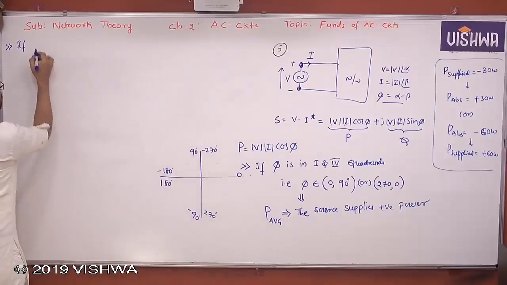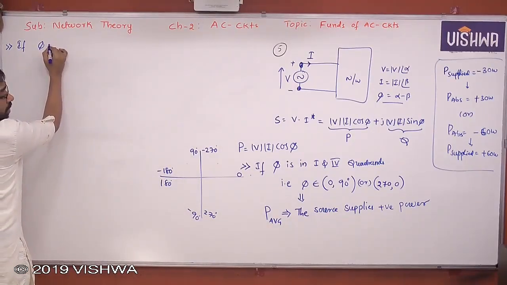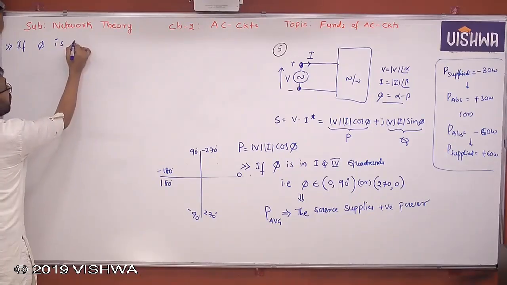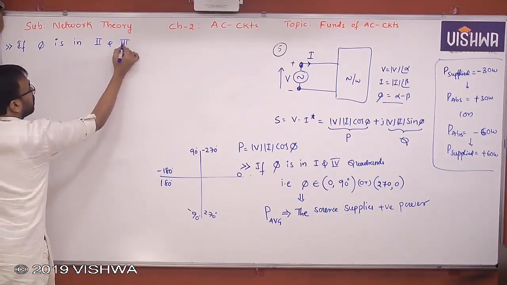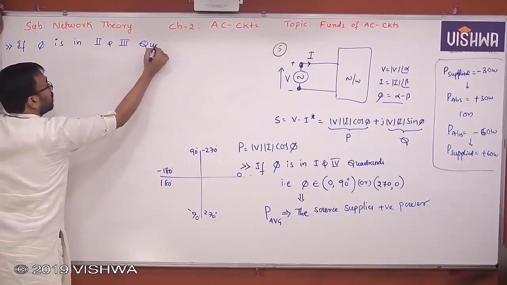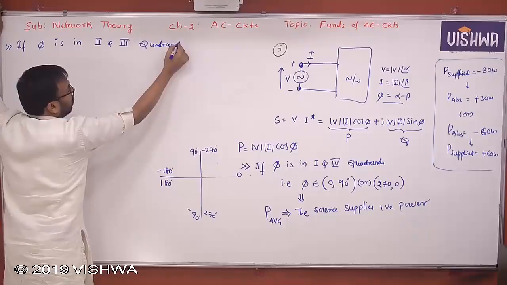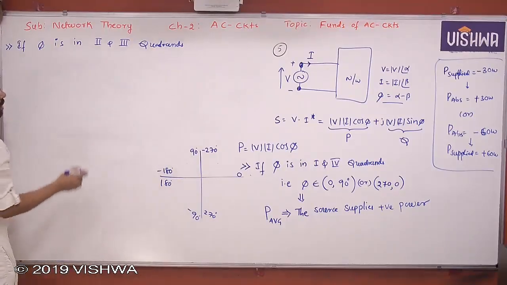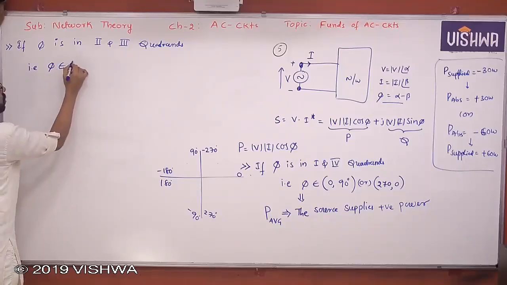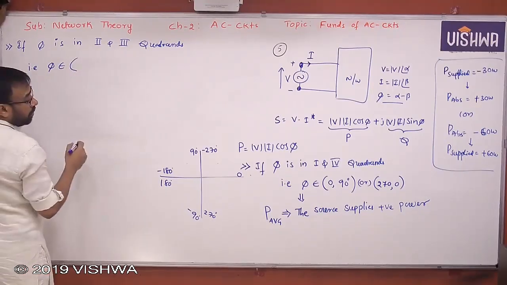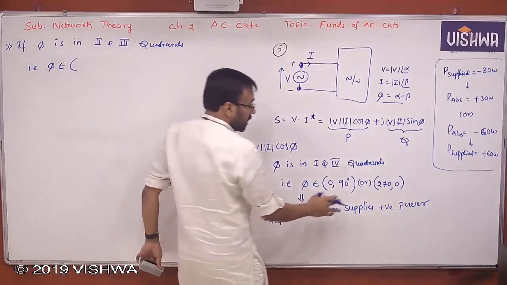If angle phi is in second and third quadrants, that is, angle phi belongs to, it's not or, it is and, okay?